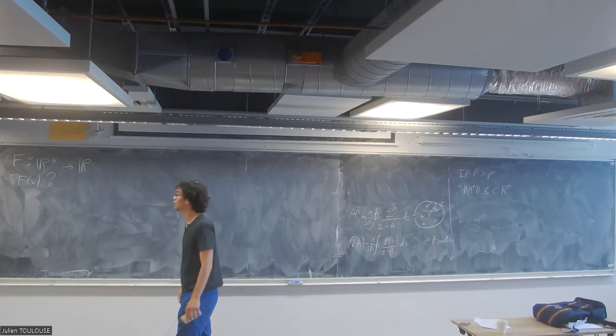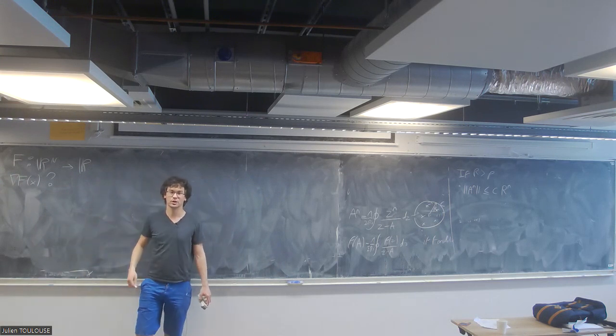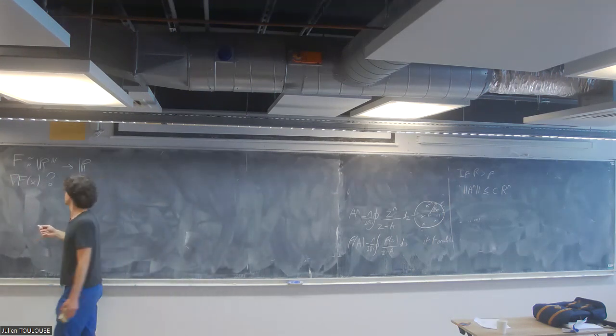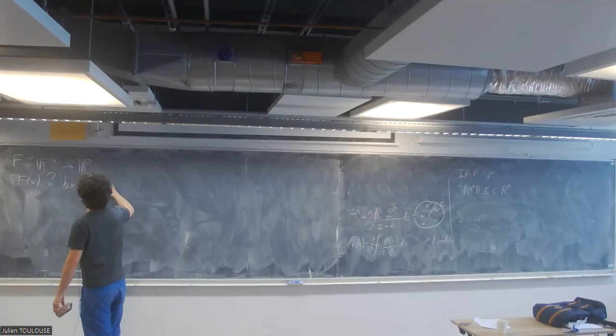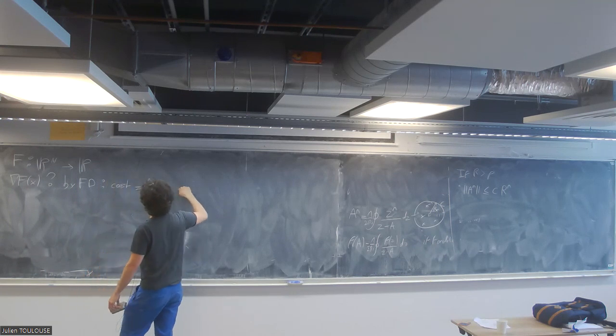In general, if your function is very, very complicated, either you do a bunch of work trying to figure out the derivatives, or you do it by finite differences. If you do it by finite differences, what is the cost? By finite differences, the cost is equal to n times the cost of f.